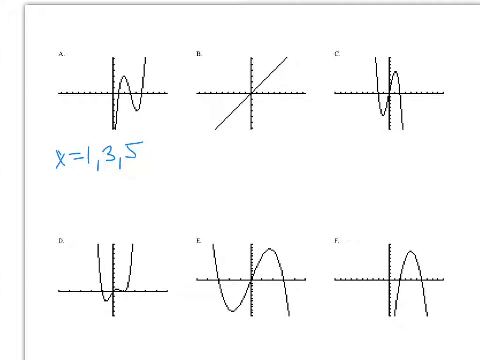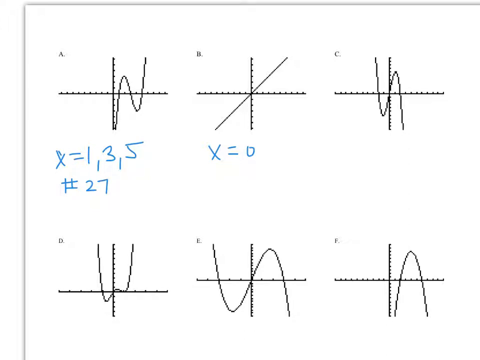So if we look back on the functions that we had analyzed, the one that matches up with A is going to be number 27. All right, for B, we have a line, and we've got x-intercept of 0.